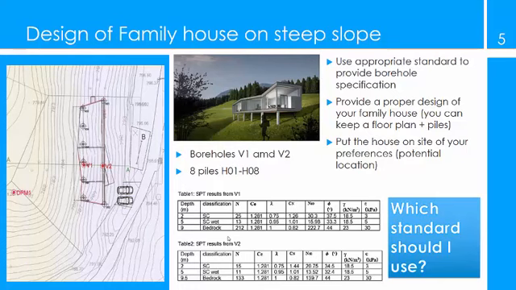Many students would ask, which standard should I use? You can use British Standard or Eurocode. It's up to your preference, up to what you learned at level 5. You had tutorials on how to read boreholes. So now at advanced level, you might be able to provide borehole nomenclature in a way required by the standard.